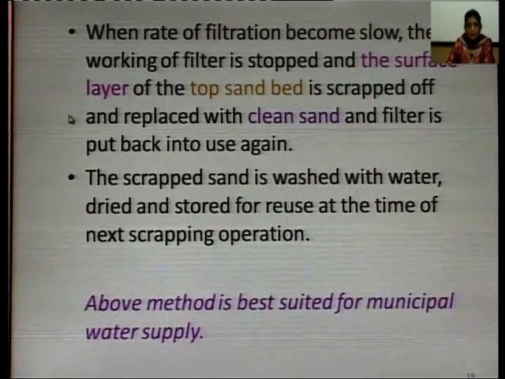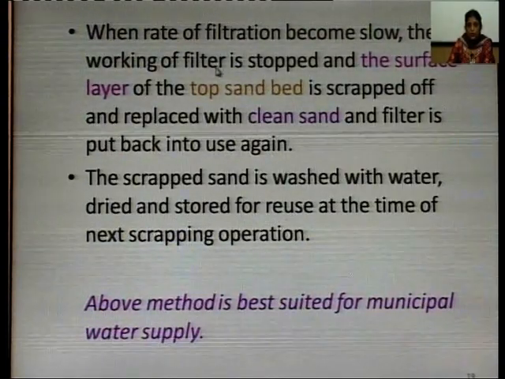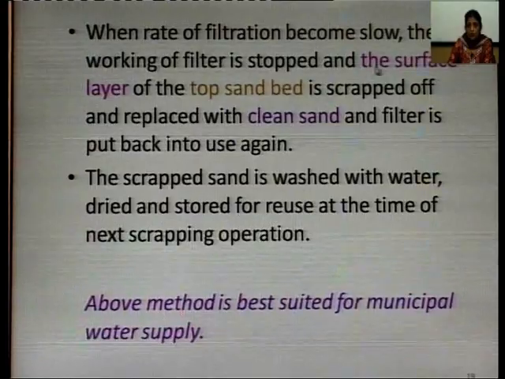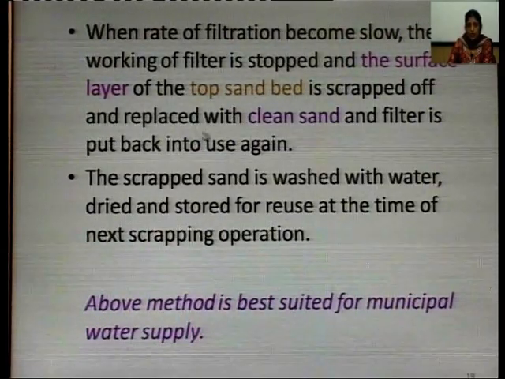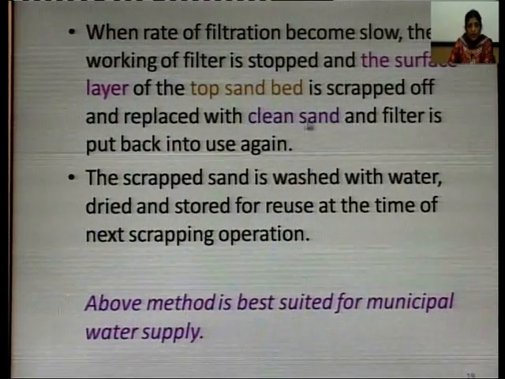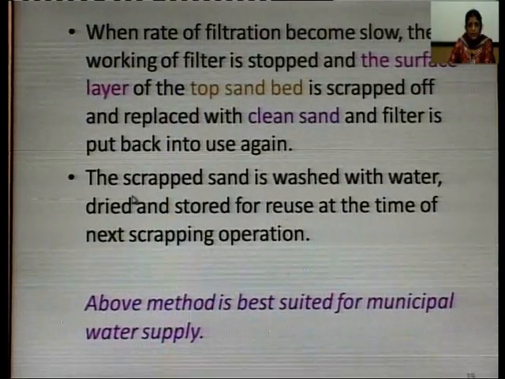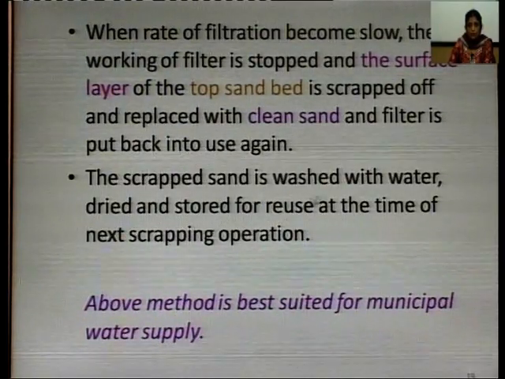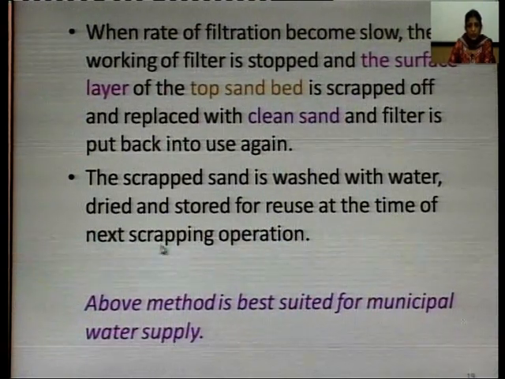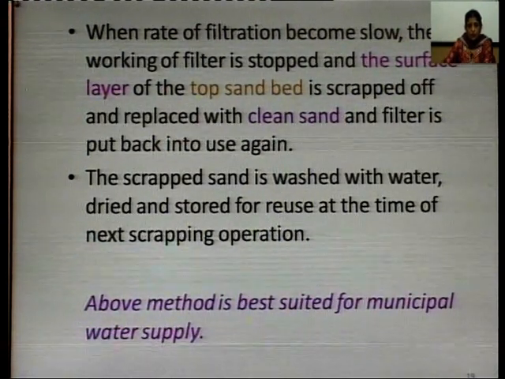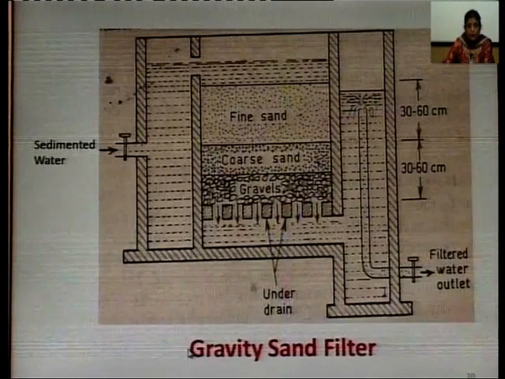So, you can see, when the rate of filtration becomes slow, the working of the filter is stopped, the surface layer of the top sand bed is scraped off and replaced with clean sand, and the filter is put back into use again. The scraped sand is washed with water, dried, and stored for reuse at the time of the next scraping operation. So, this method is best suited for municipal water supply.